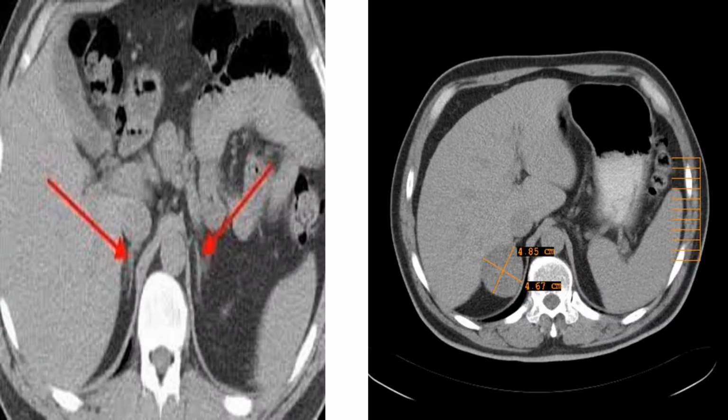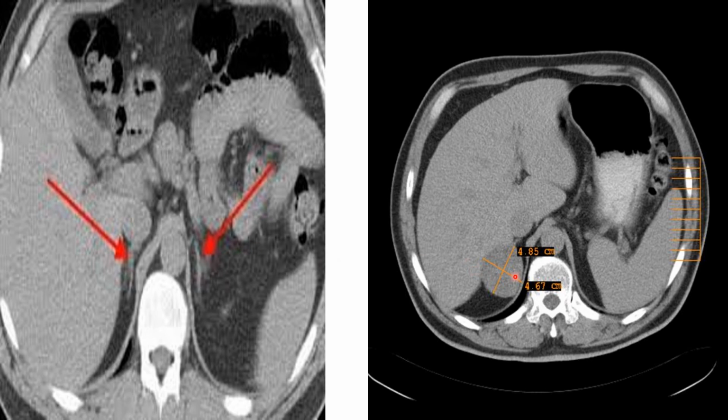So we can localize the lesion on CT scan of the abdomen or MRI. It is very difficult to localize the adrenal gland in a normal patient, as shown by these red arrows. Very difficult to localize the normal adrenal.